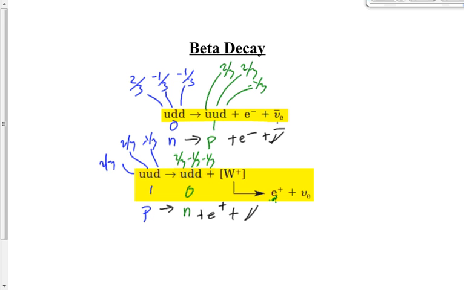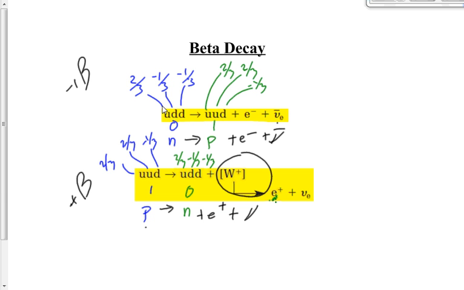Now, take a look at this, guys. This isn't really something you've got to be familiar with, but the reality is beta plus decay, this is beta minus, right? This is beta plus. The reality is beta plus decay is kind of a two-step process. We never talked about that, and you don't really need to know about that. But in beta plus decay, you get a proton decaying into a neutron and what we call a virtual particle.